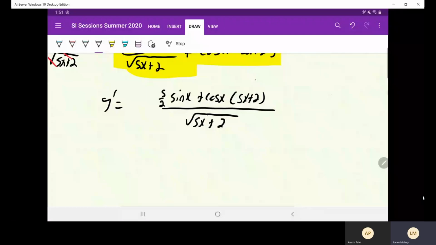All right. So what he did, he pulled out a sine x, and he pulled out a sine x, and he pulled out a square root of 5x plus 2.